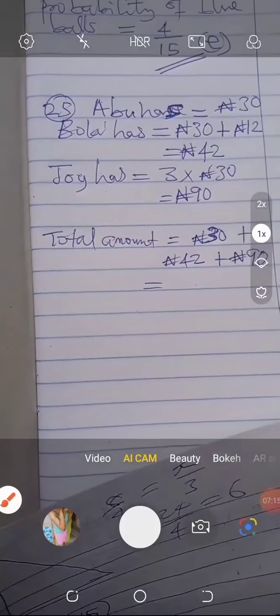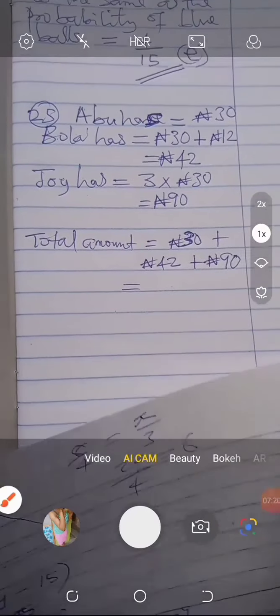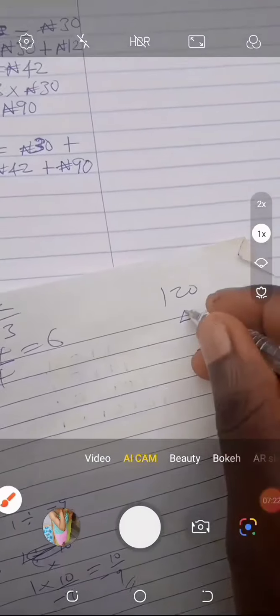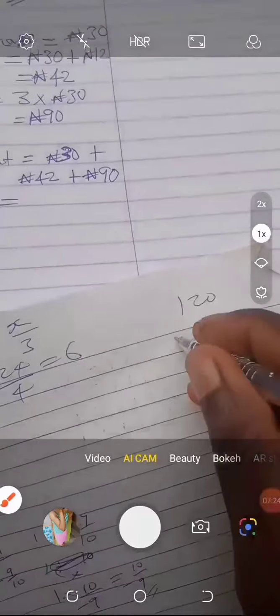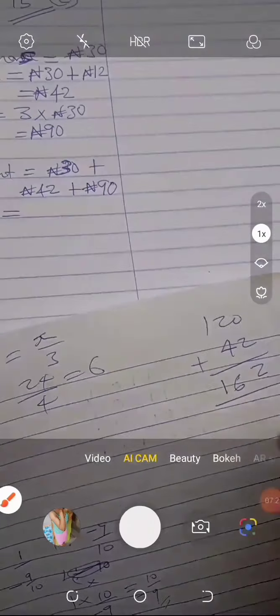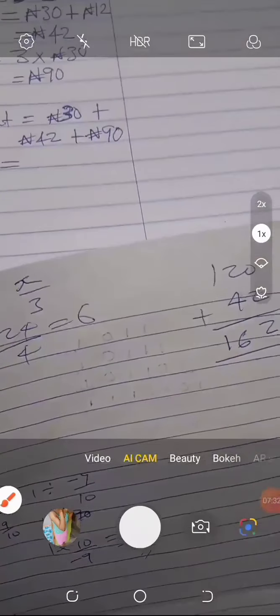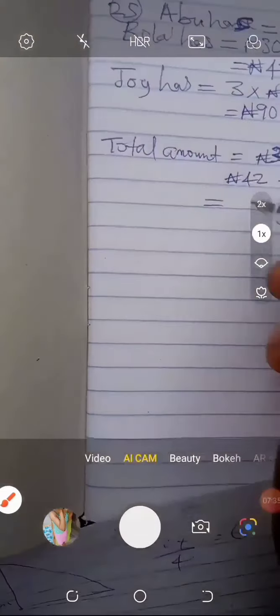To make it very fast, 90 plus 30 will give us 120. Now 120 plus 42, you quickly do this very fast. You have 162 naira.